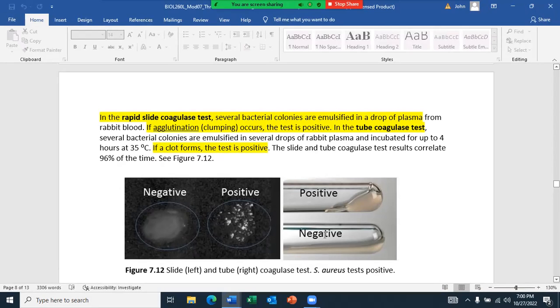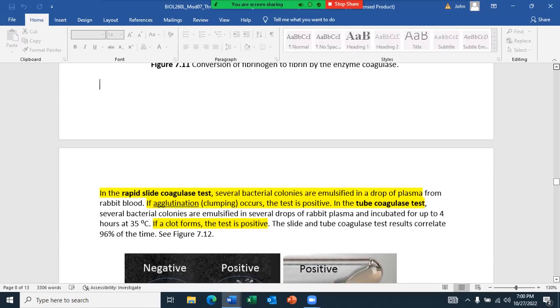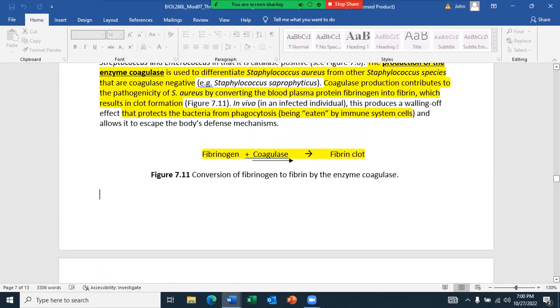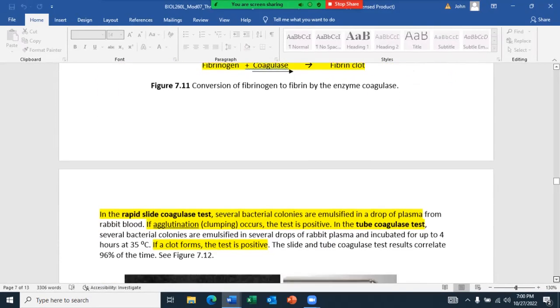On the test tube test, a coagulase negative will stay liquid, and if there's clumping, it's coagulase positive, you get clumping or clotting. Clotting would be a better word. Any questions about any of that? If you see any clot formation or clumping, then it's coagulase positive.